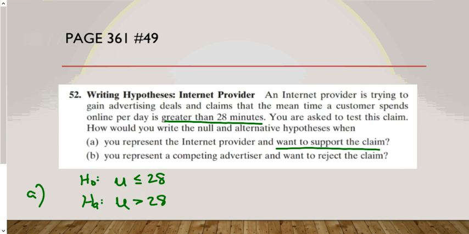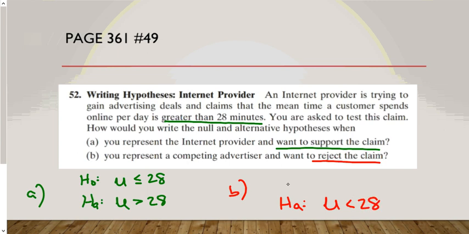Now, for part B, what if you were representing a competitor and you want to end up rejecting the claim? If you want to reject the claim that it's greater than 28 minutes, in other words, kind of like making them look bad, calling them liars, right? Then we're going to say the alternative is that mu is less than 28.